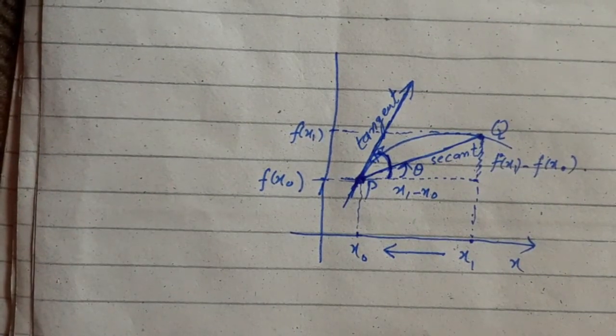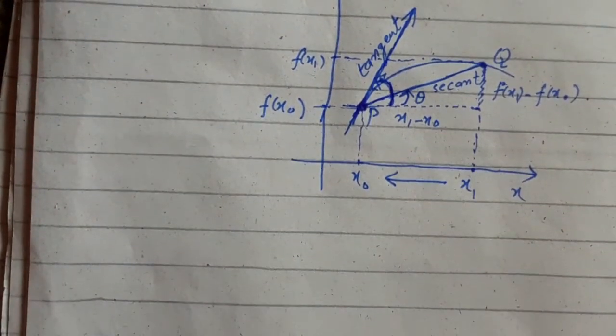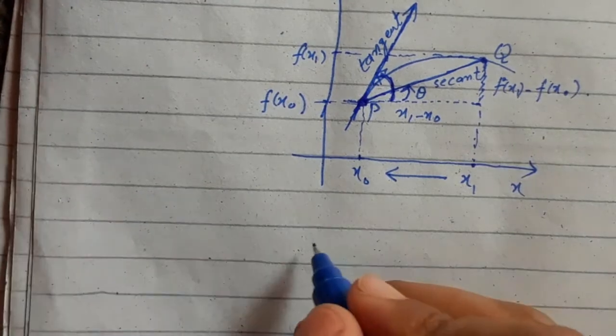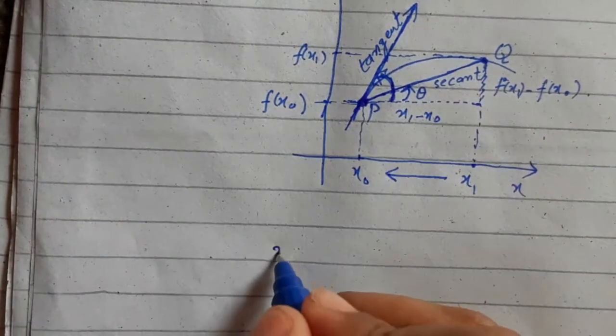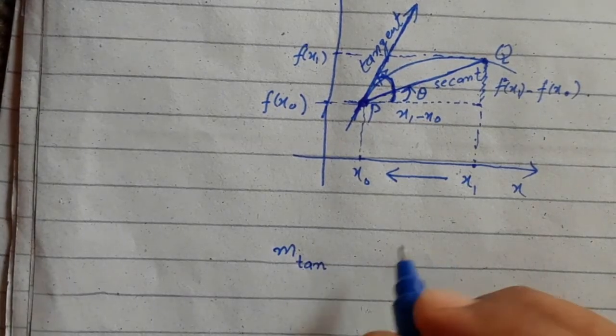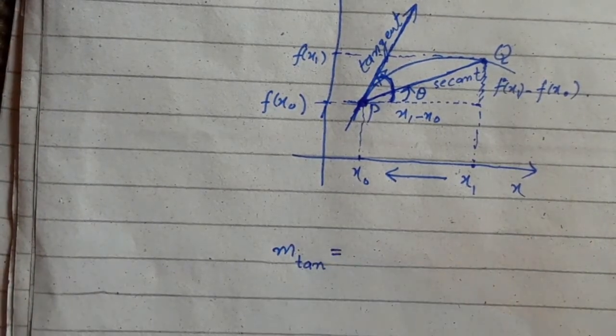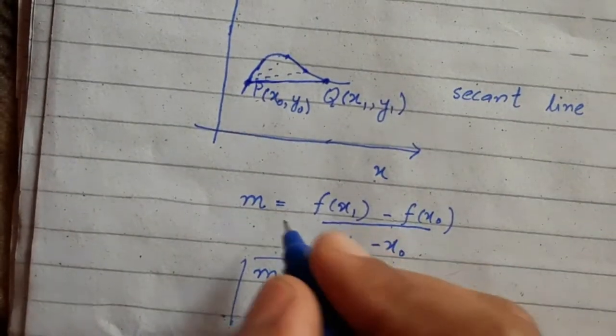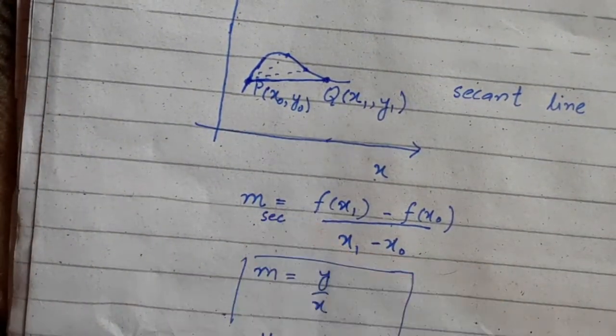Is that clear? Now if I'm trying to write about the slope of this tangent line, let me make a little change. I will not write it only as m, let me write it as m tan, so that we can find the difference between the two, and let me write this one as m secant.